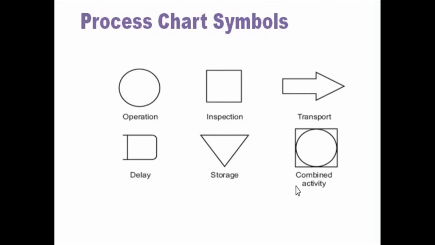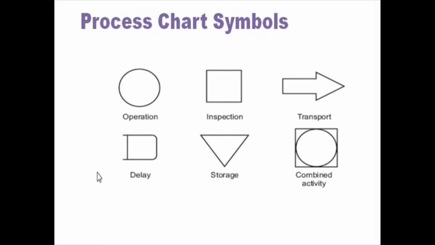Sometimes multiple activities are conducted or performed at the same time. These combined activities can also be represented. It is represented like this when different types of tasks are performed at a time.